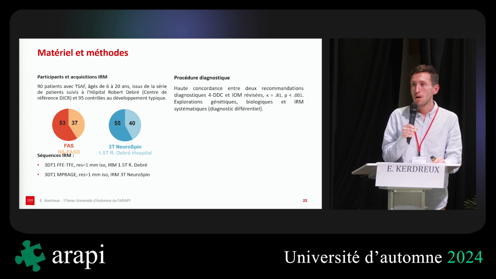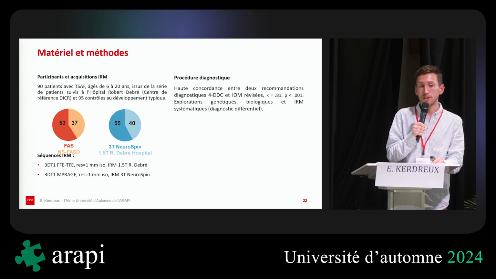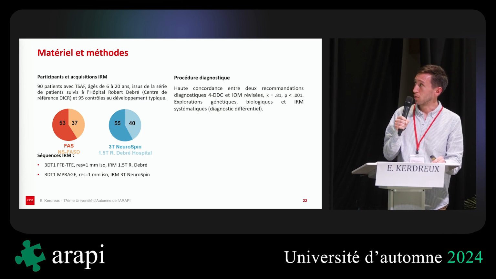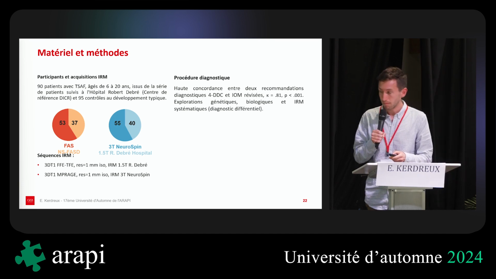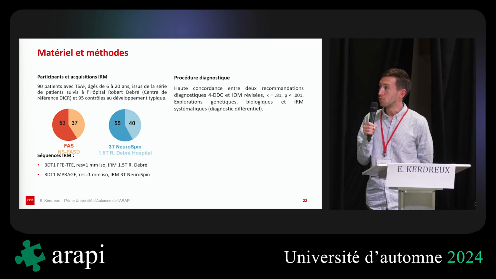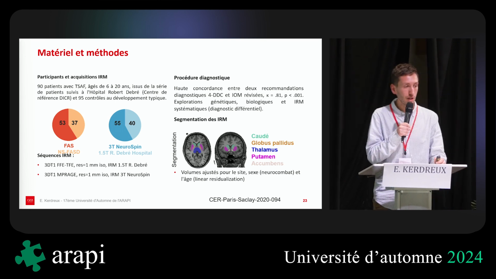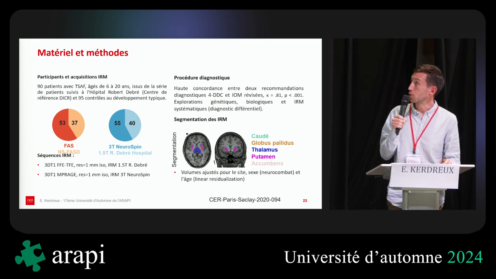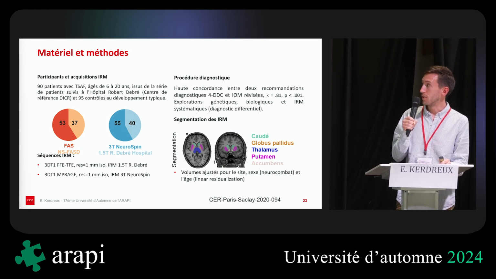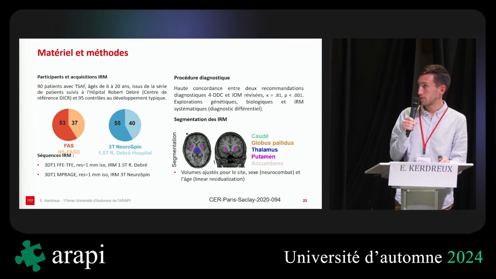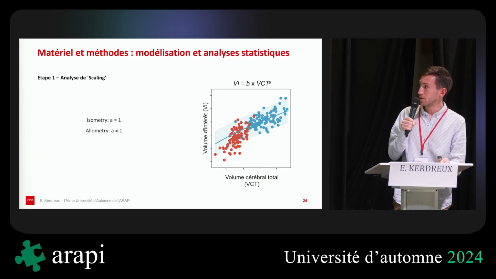And also systematically, we had differential diagnosis explorations: systematic MRI, genetic explorations, and biological markers, and also segmentation of the MRI images to have the caudate, globus pallidus, the thalamus.